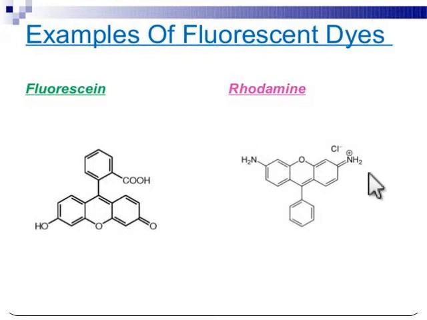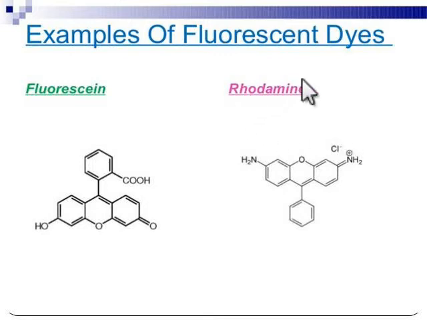And the next dye is rhodamine. Rhodamine absorbs yellow-green-orange light at 515 nanometers and emits deep red light at a wavelength of 548 nanometers.